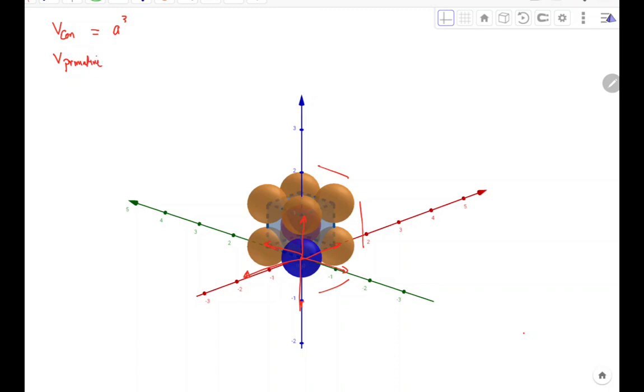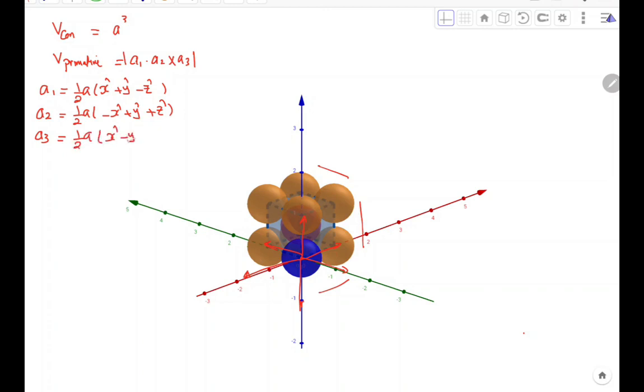in this case it's different than the simple cubic, because the volume for a primitive cell is equal to a1 dot a2 cross a3, and a1 is equal to half a (x hat plus y hat minus z hat), a2 is equal to half a (minus x hat plus y hat plus z hat), and a3 is equal to half a (x hat minus y hat plus z hat).